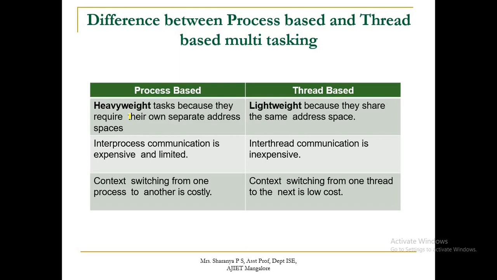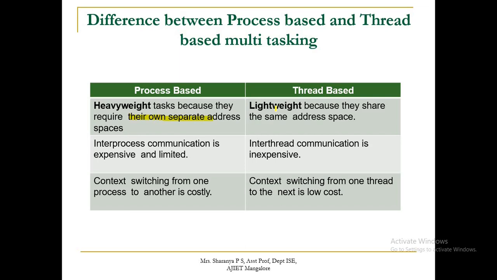Because it requires its own separate address space. As we discussed with the example, they are stored as two separate processes, so they acquire two different memory locations. And coming to the thread, they share the same address space because they work under the same process.